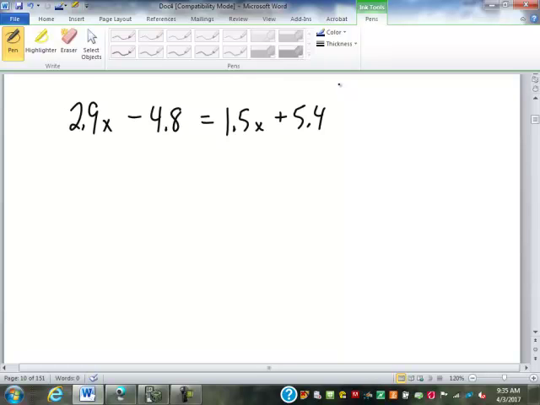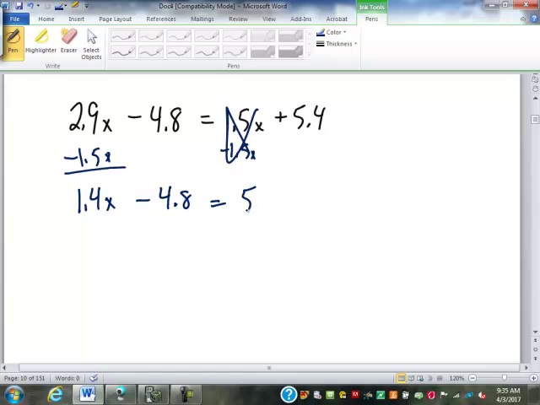Okay. Since we have an x on each side, we have to get rid of one of them. The smaller one is the 1.5, so I'm going to subtract 1.5x. 2.9 minus 1.5 is 1.4x. I still have the negative 4.8. Over here, all that's left is 5.4.